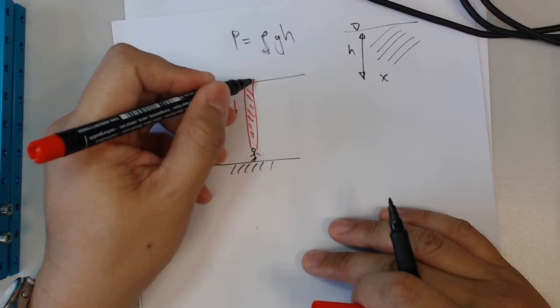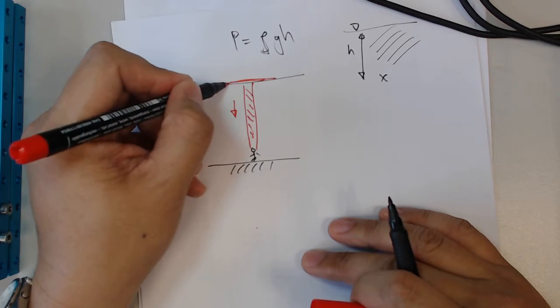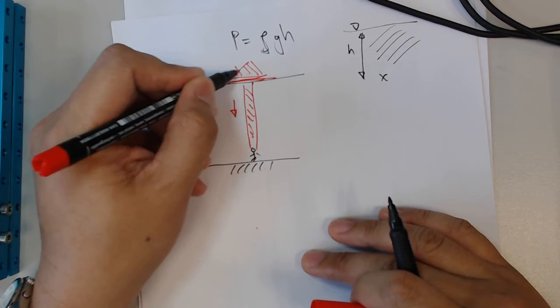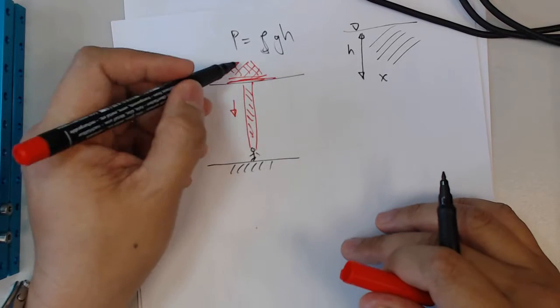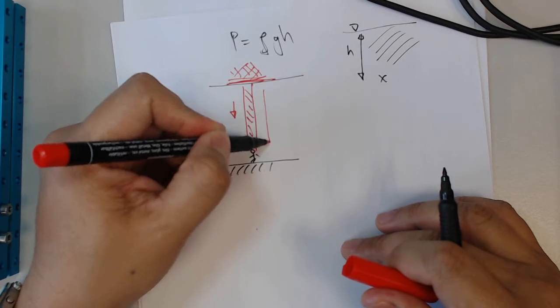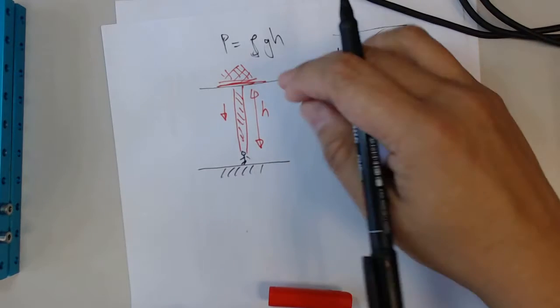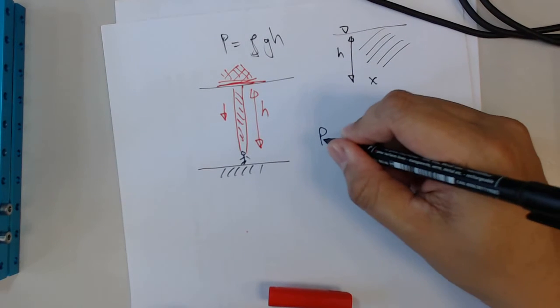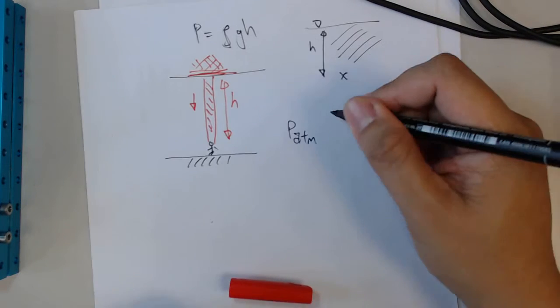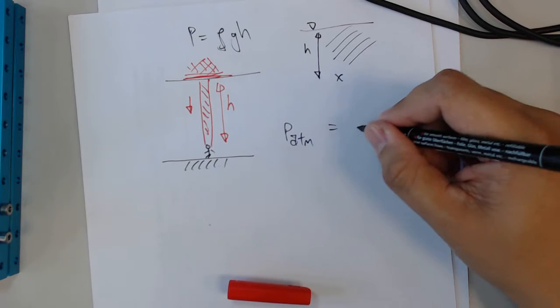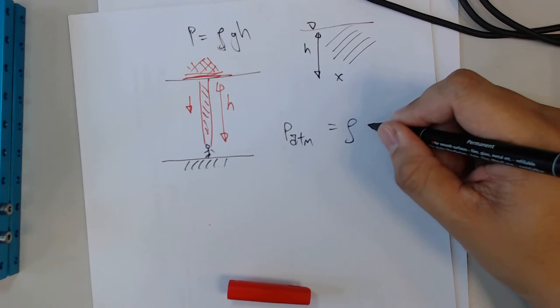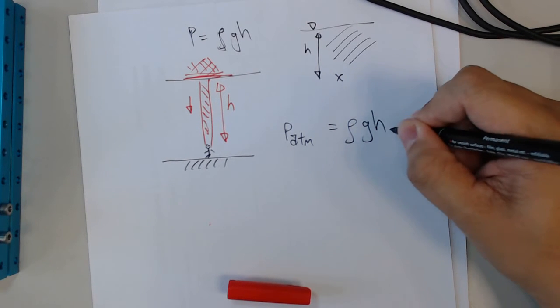This is the edge of the atmosphere, and we assume that above the atmosphere there is no mass of air. This column of air is acting on him, and this is the atmospheric pressure, ATM for short. It's equivalent to a certain rho g h.